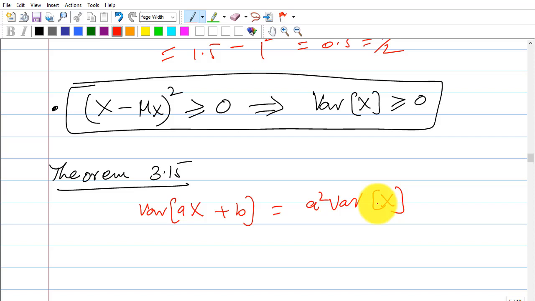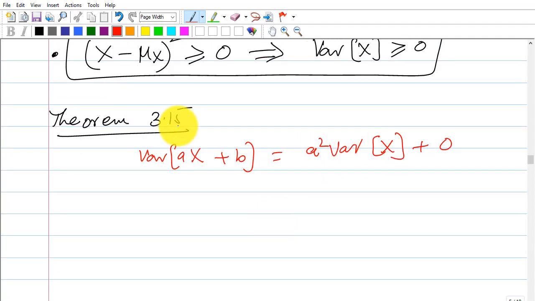But what would be the variance of a constant? If we look at the definition, variance gives us the spread of the data. A constant cannot have any spread, so that would be 0. And the a square comes out here. We are not going to prove this, but it is still a standard way to look at it.